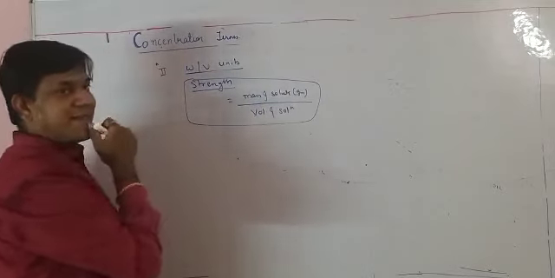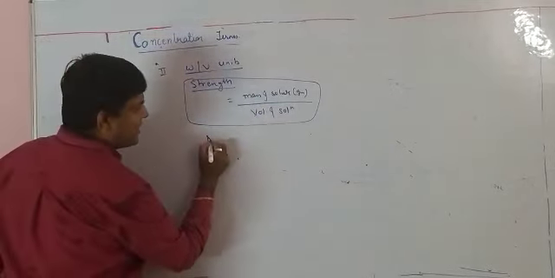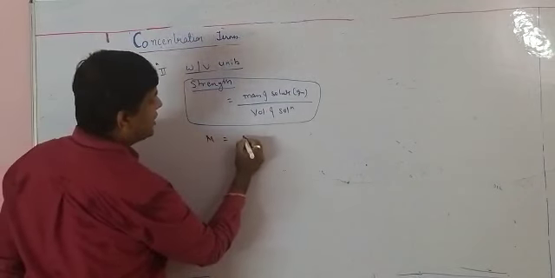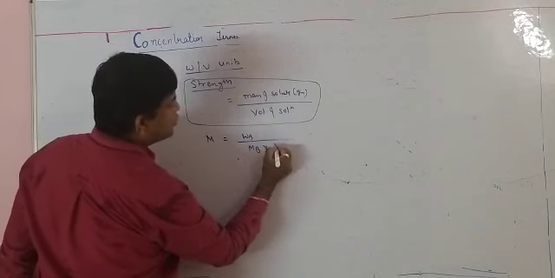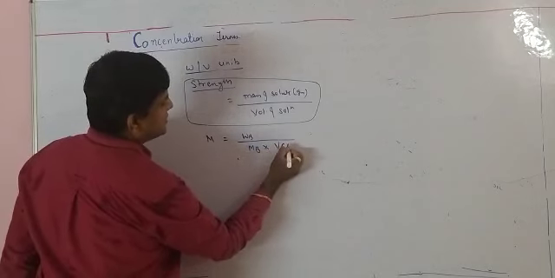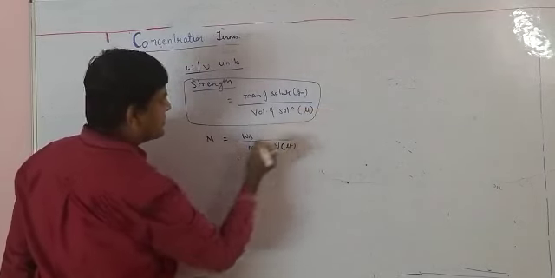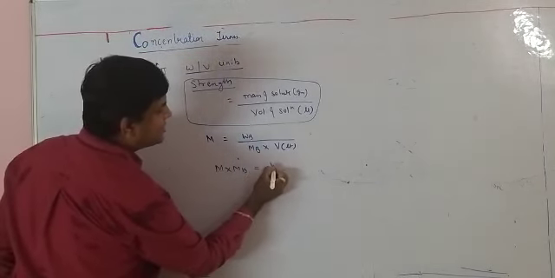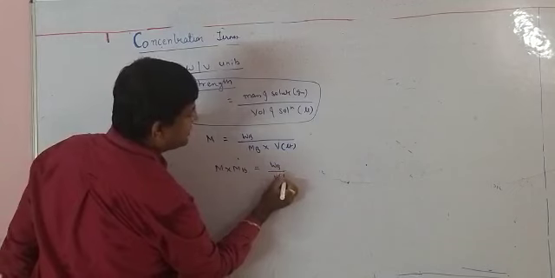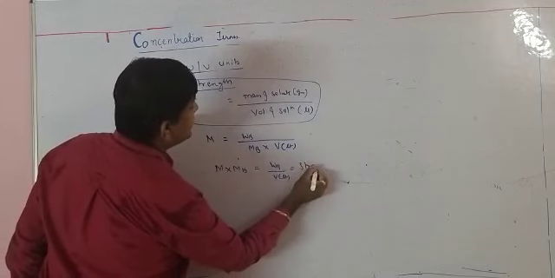This is the strength. Now, if molarity is given, the formula of molarity was WB upon MB into V in liters. It is also in liters. So, if I write M into MB, that is WB upon V liters, that is the strength.